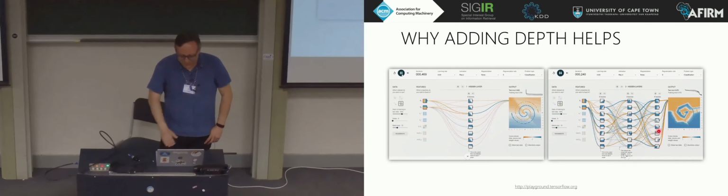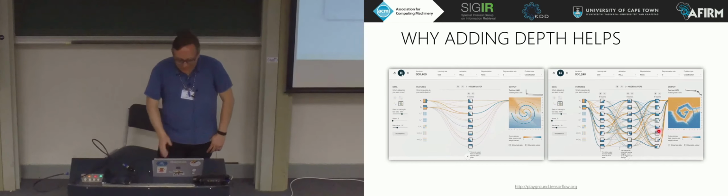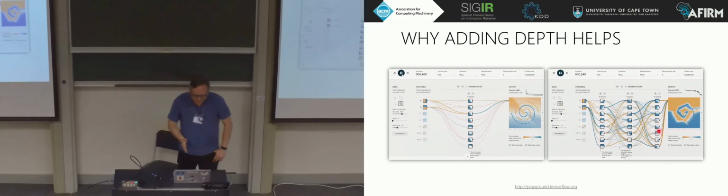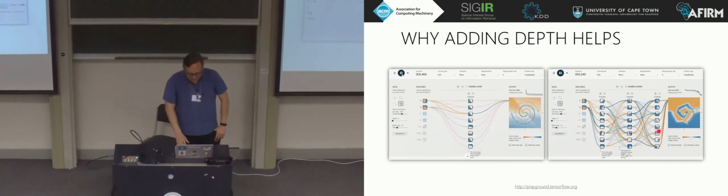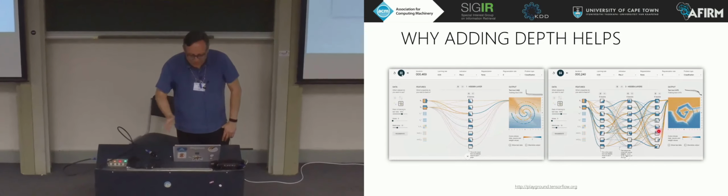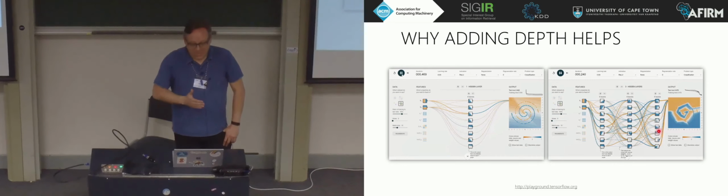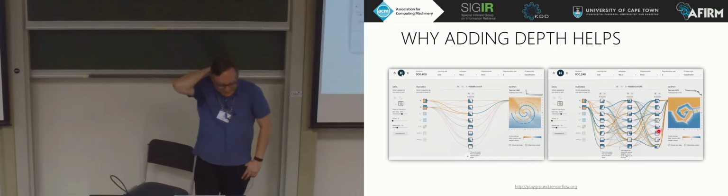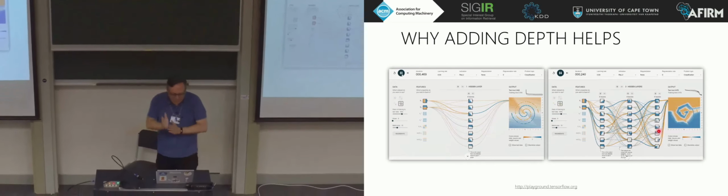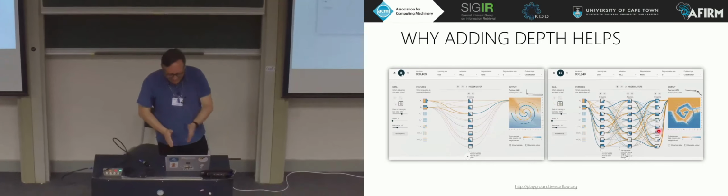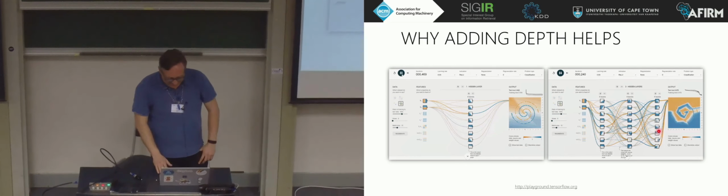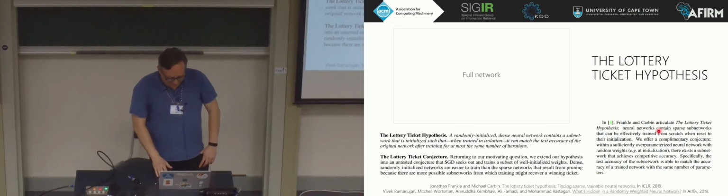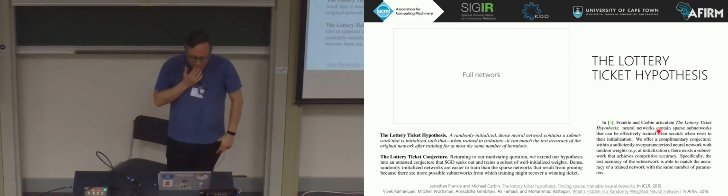So a difficult to learn function can be learned using more and more layers, basically. That's one argument for why it's good to have more depth, because theoretically you can learn any function if you have a wide enough network as well, but this is one example where depth helped for fixed width.